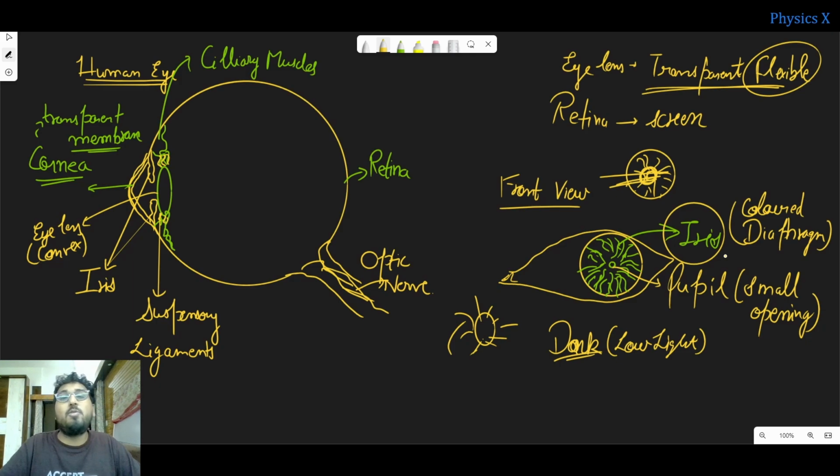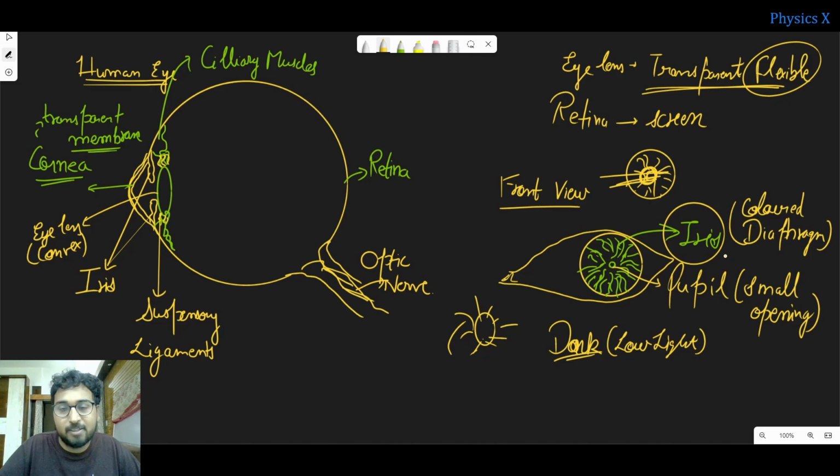The same happens when you move from a very bright sunny day to a very dark room. You are not able to see anything properly when you enter, because outside your iris was adjusted so that the pupil was smaller due to too much light.